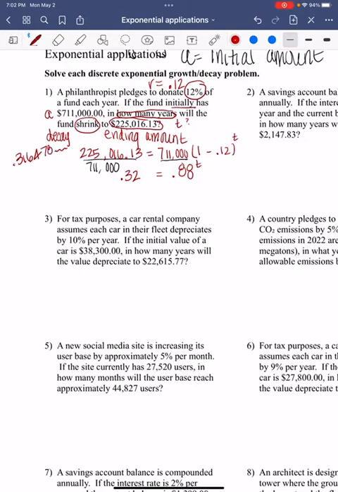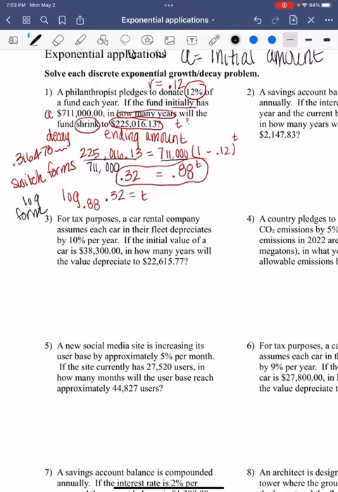Okay, now it's in exponential form, so I need to switch forms. This is exponential form. I need to switch it to log form. So this becomes the log base 0.88 of 0.32 equals T. This is log form.